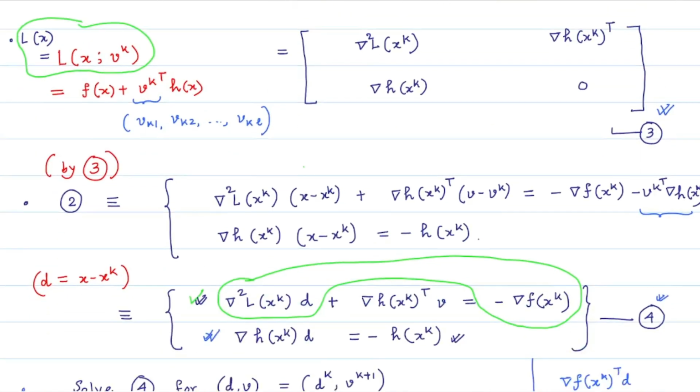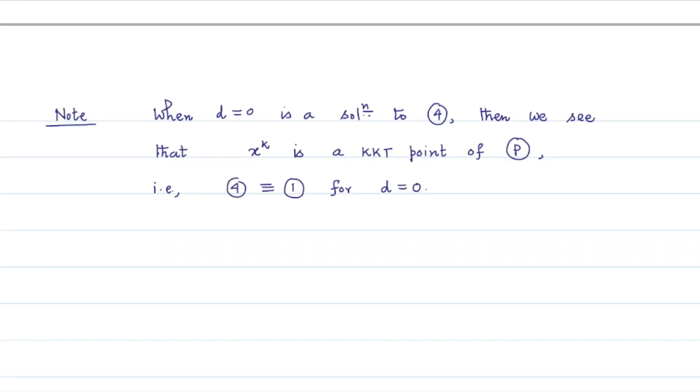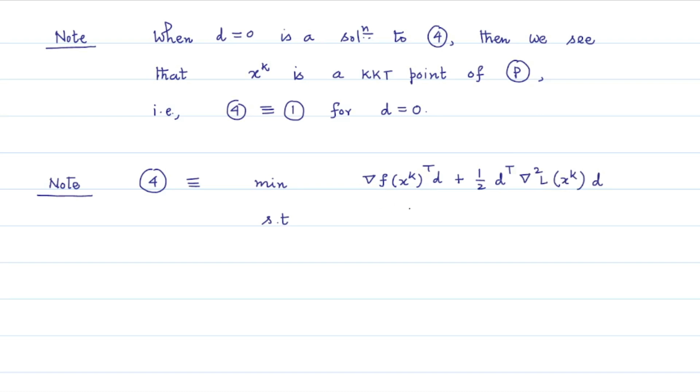Fine. So you notice that the equation 4 is the KKT system of a quadratic programming problem subject to linear equations that minimize the quadratic function. This quadratic function subject to the constraints as h xk plus these equality constraints.